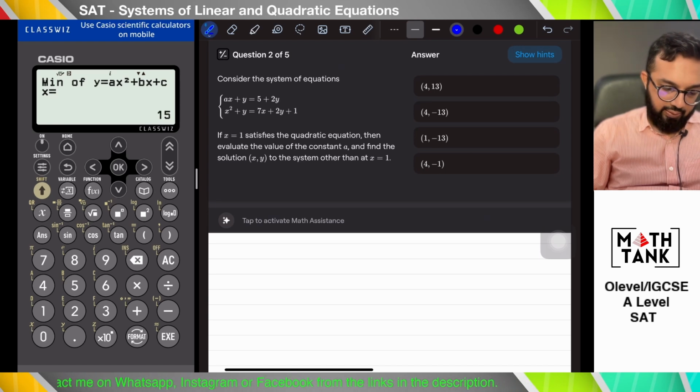It says consider the system of equations this. If x equals 1 satisfies the quadratic equation, then evaluate the value of the constant a and find the solution to the system other than at x equals 1.